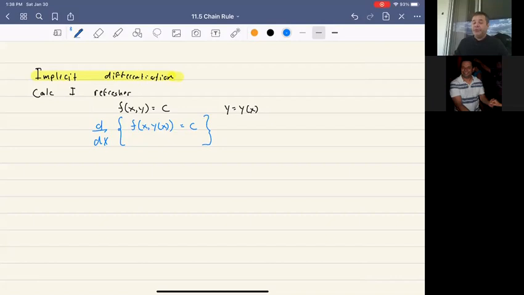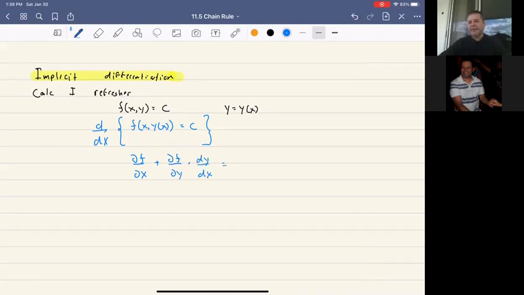Now we are using partial derivatives, so we can talk about it a little bit more in depth than we did in Calc 1. We could write this as the partial of f with respect to x plus partial of f with respect to y times dy dx.